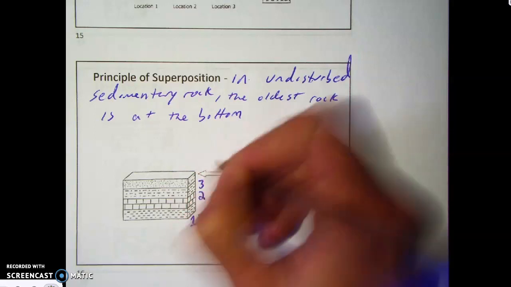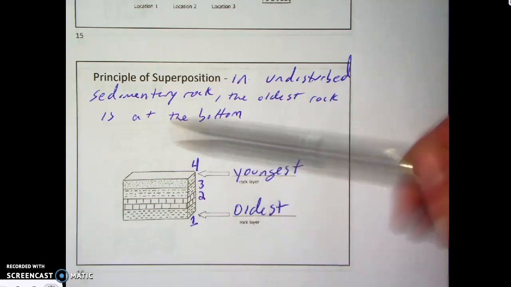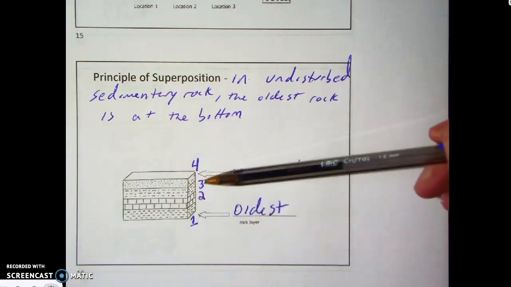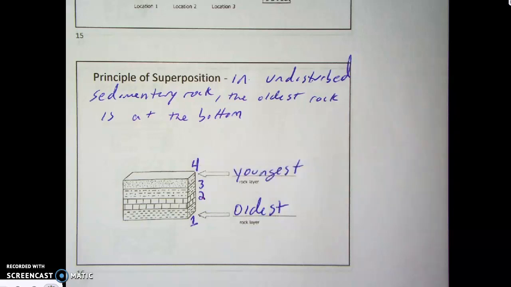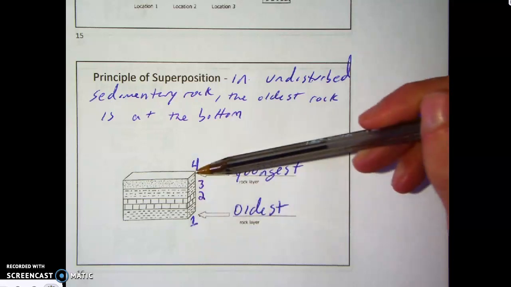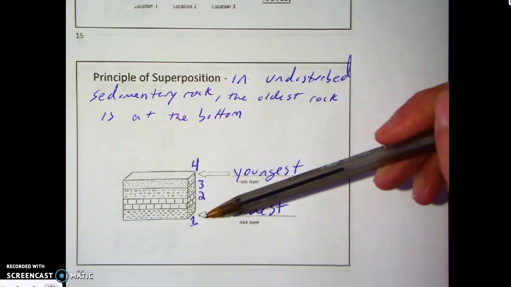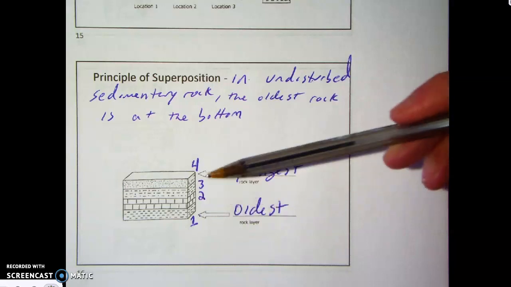And then we have 3, and then the youngest layer would be layer 4. So we know that 2 has to be younger than 1, 3 has to be younger than 2, 4 has to be younger than 3. We have no idea how old they exactly are, but we know that compared to each other, 4 would have to be the youngest, 1 would have to be the oldest, 2 and 3 would be in between in order.